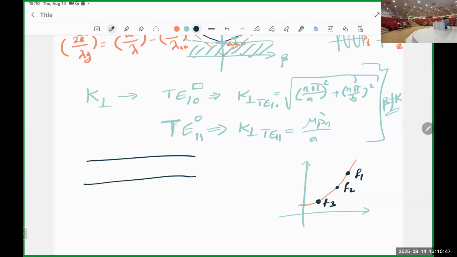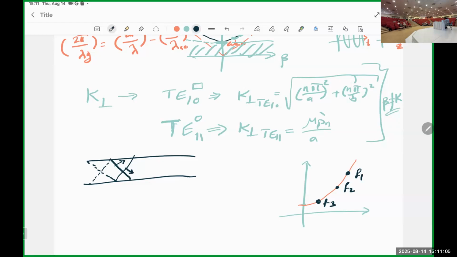If we are injecting F1 here, you will see that you're going to have a maximum, a minimum, and then a maximum. The wave is propagating in this direction, bouncing back and forth between the walls.